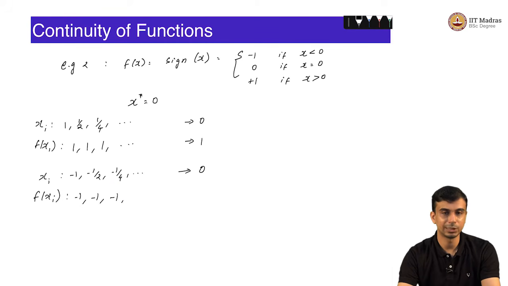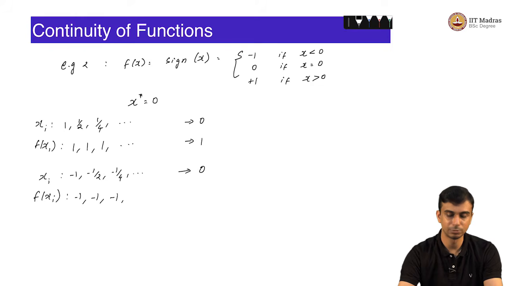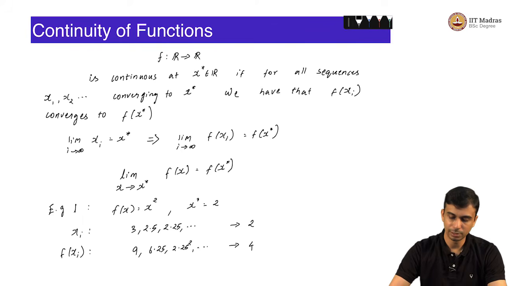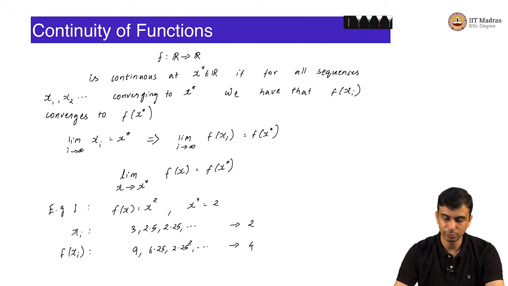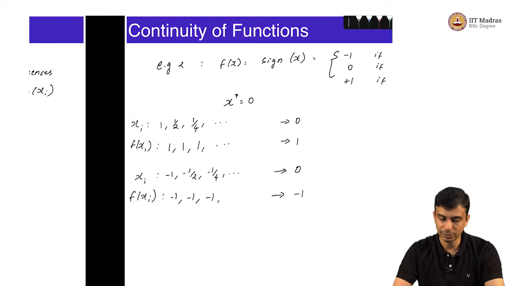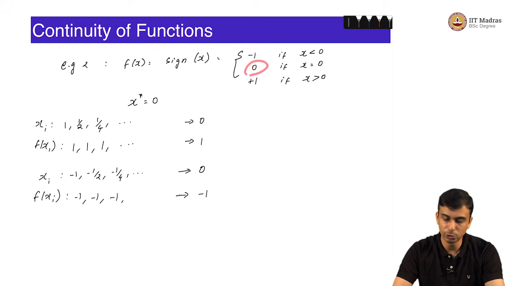So we have just an infinite number of minus 1s, which means that this f of xi sequence converges to minus 1. So this clearly violates the statement here. For all sequences converging to x star, we must have that f of xi converges to f of x star. So f of x star in this particular case is equal to 0.